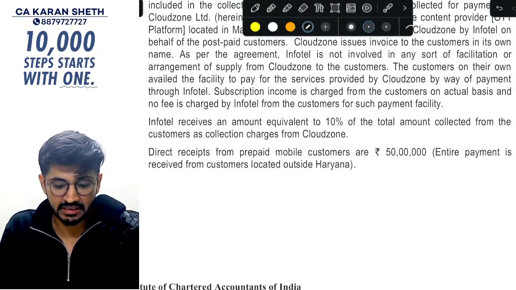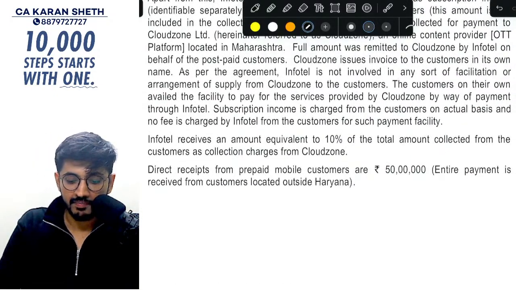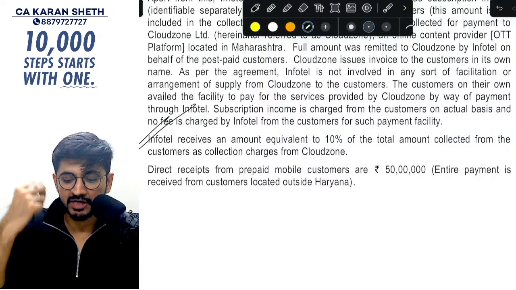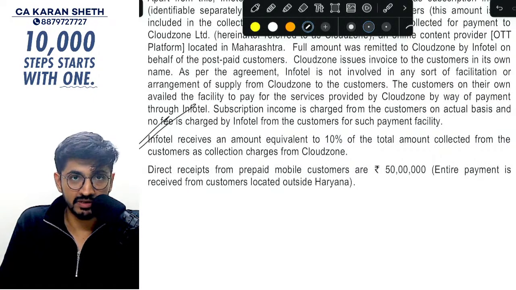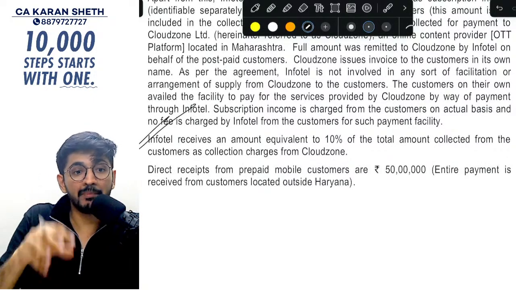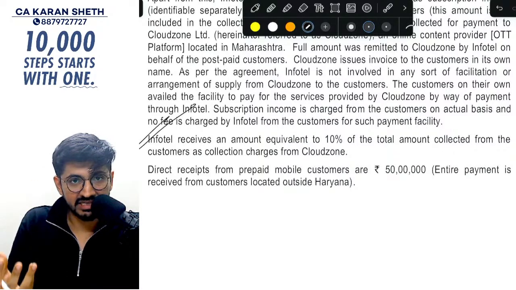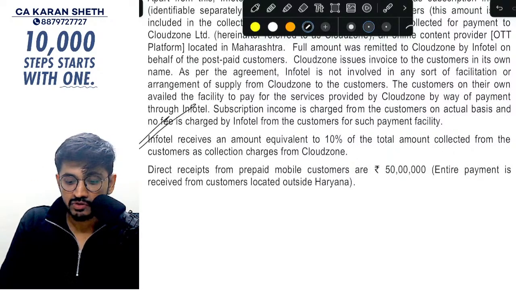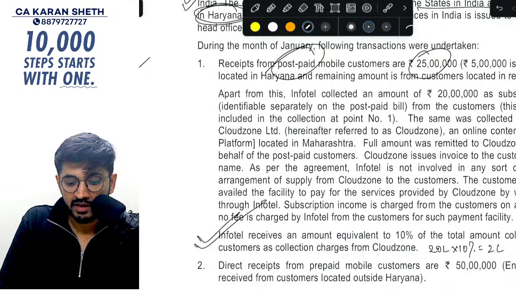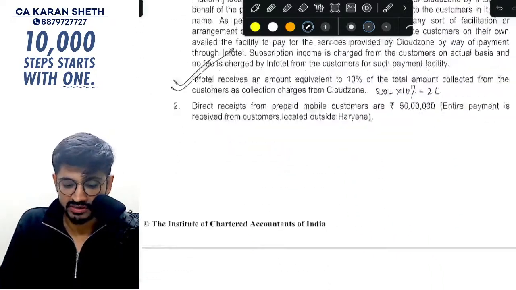Now coming to this point, Infotel receives an amount equivalent to 10% of the total amount collected from the customers. So here the income of Infotel happens to be the collection charges, that is the 10%. 10% of 20 lakhs is 2 lakhs. That is actually the income of Infotel, so we'll also take that into consideration.